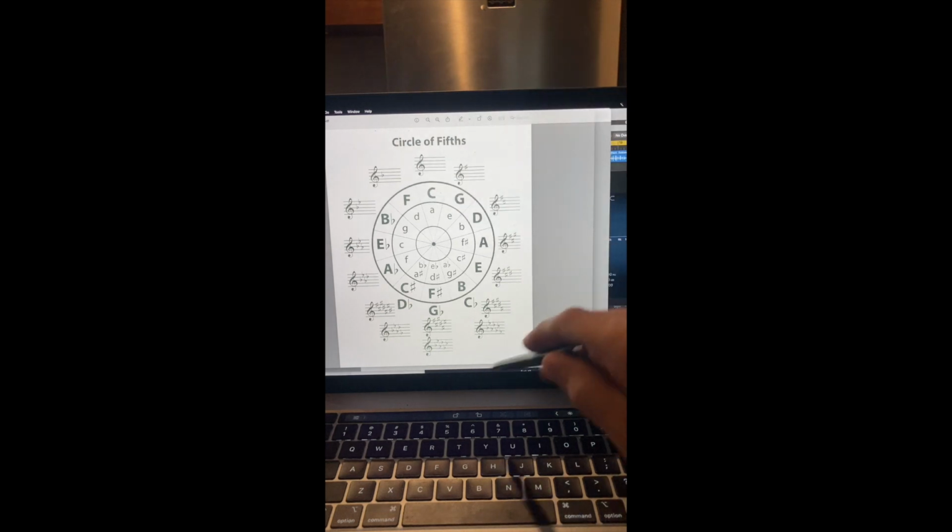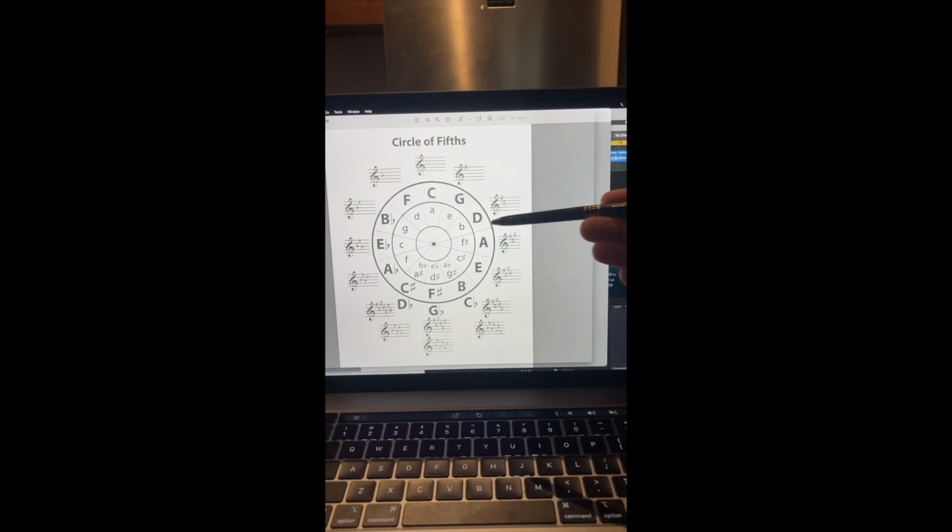Now, the circle of fifths tells us how many black keys we play in the key signature of a song. If you notice here, you have the major C and you have the relative minor of A. These are enharmonic, meaning they are 2 different notes, but you use the same keys, right?